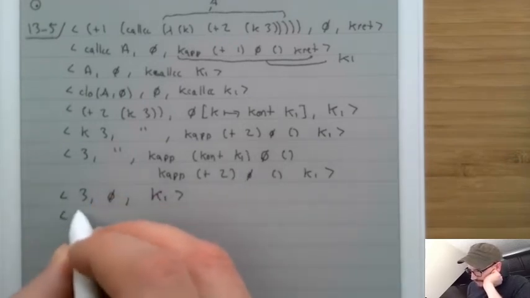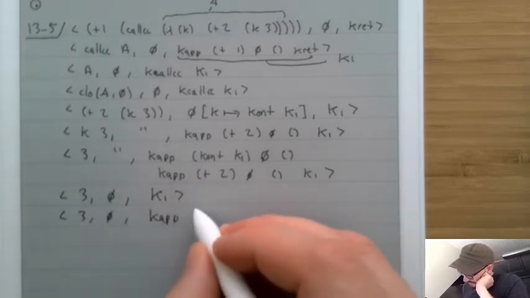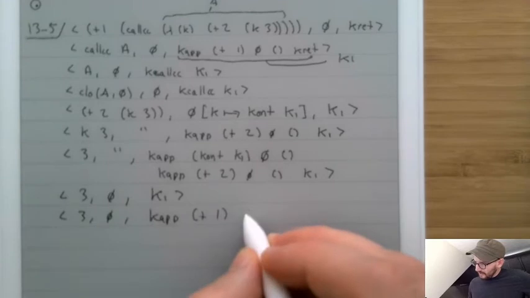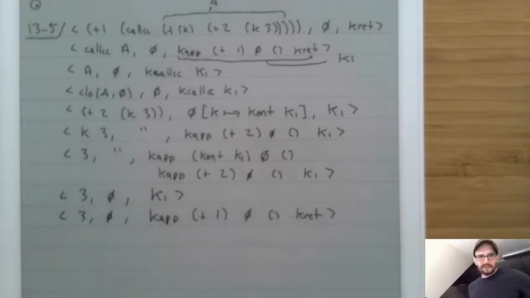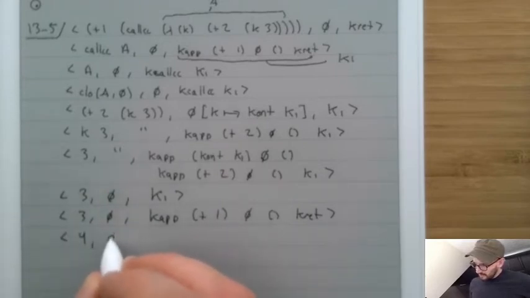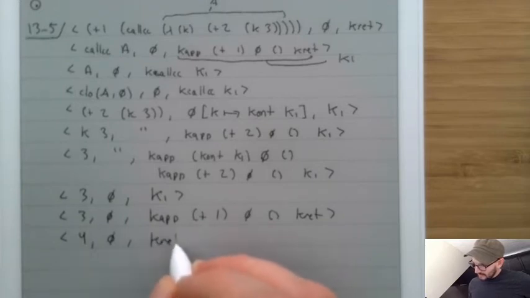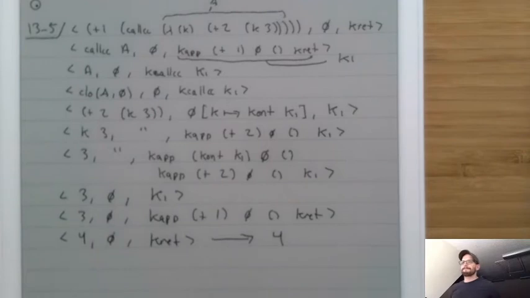And remember what k1 is: a k app of +1 null empty kret, which means we're going to get +1, 3, so we're going to get 4 null in kret, and then the answer's going to be 4. Okay?